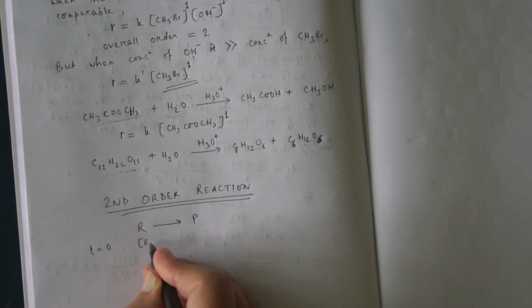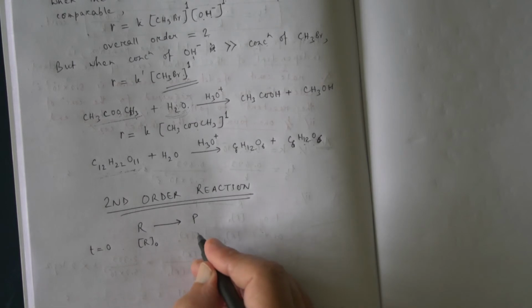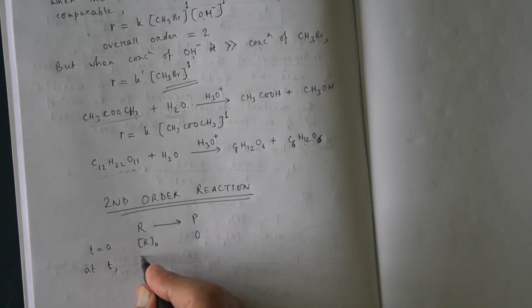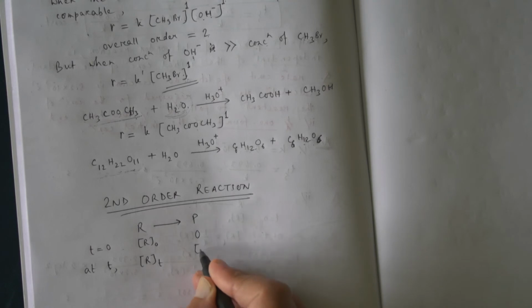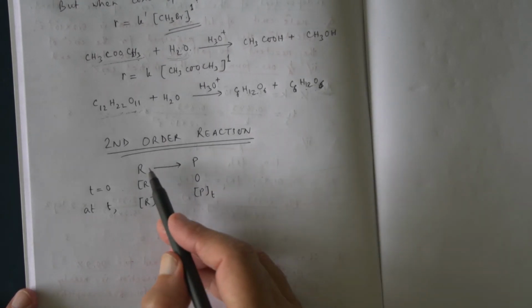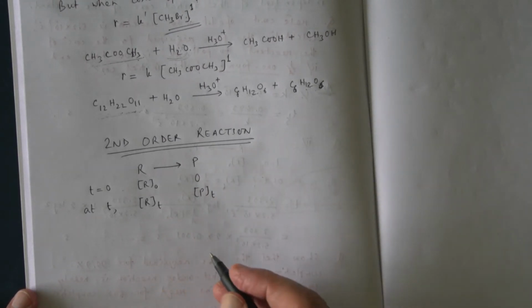This is R0, and this is 0 at time t. This is say Rt, and this is Pt. We consider that this is a second order reaction.